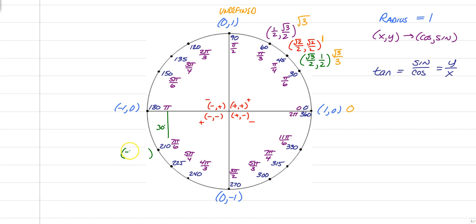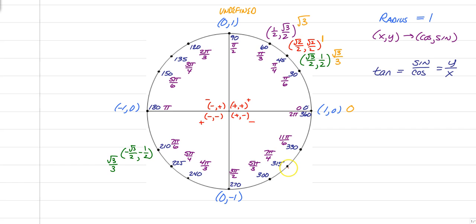So this is actually negative square root of 3 over 2, comma, negative 1/2. And of course, negative divided by a negative is positive, so our tangent value is still positive square root of 3 over 3. Done. That's how we get the coordinate at 210 degrees. And again, we're just using reference angles.